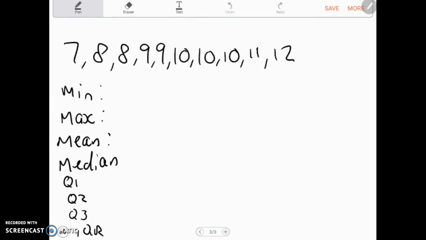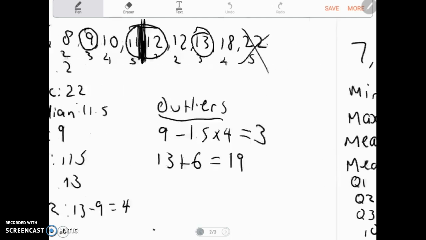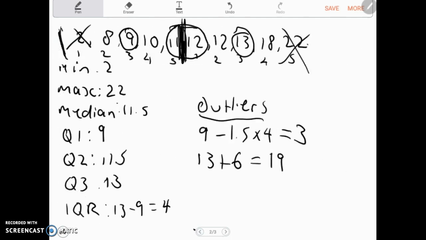So, I think that's all I wanted to go through with outliers. Feel free to go through this example yourself if you like. If you have any other problems with outliers, I'm sure there are a ton of videos online. But just remember, it's 1.5 times the IQR, and it's Q1 minus that, Q3 plus that.